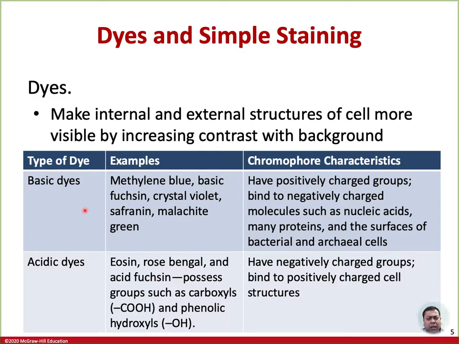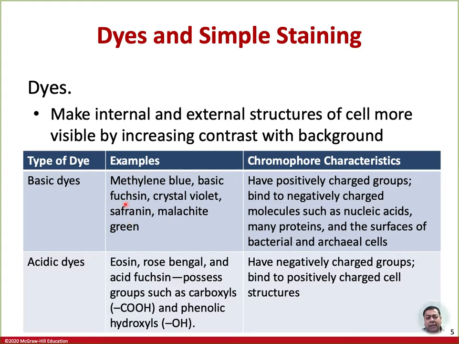They have positively charged groups, and by ionic interactions they bind to negatively charged molecules in the cell, such as nucleic acids, many different proteins, and the surface of bacterial and archaeal cells. That is the reason these interactions impart color to these molecules and make the cells visible.